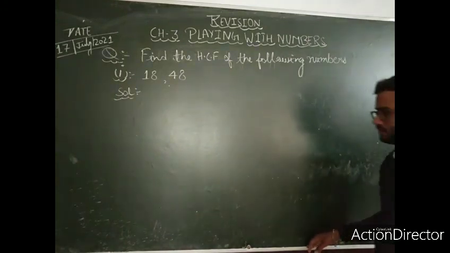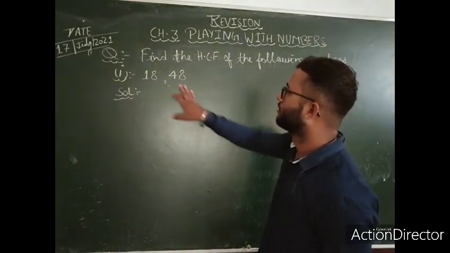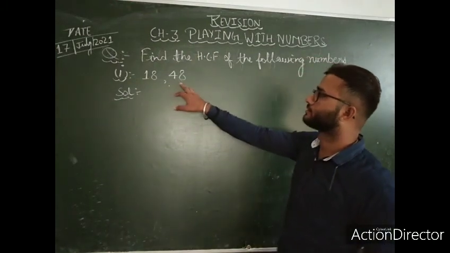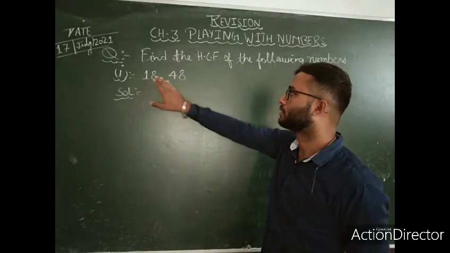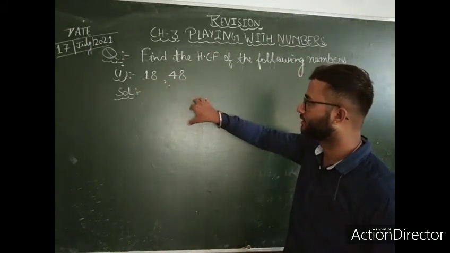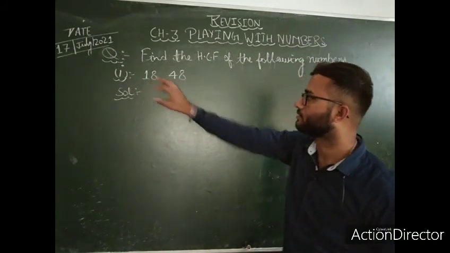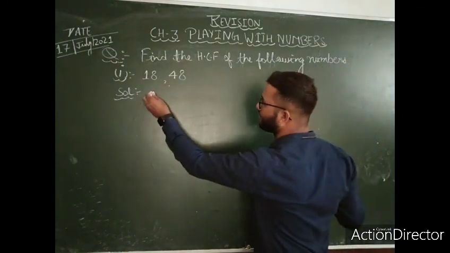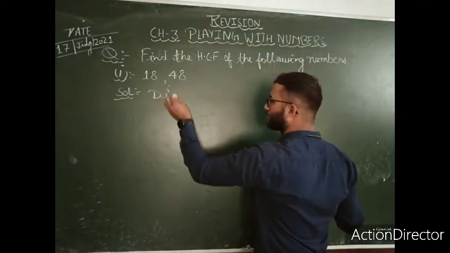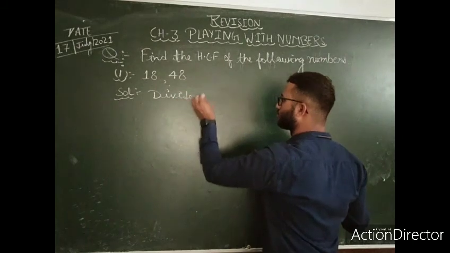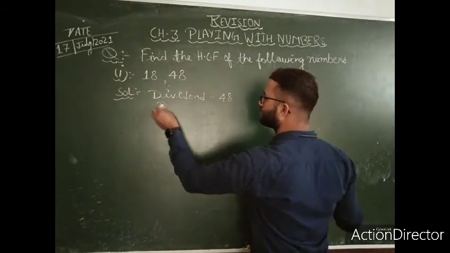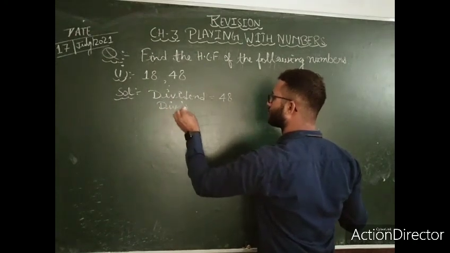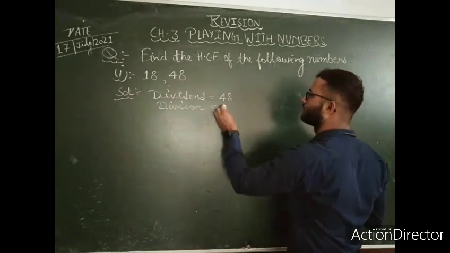Okay, so now which one is the greater number here? 48 is greater and 18 is smaller. So we take the greater number as the dividend and the smaller number as the divisor. So we write dividend equal to 48 and divisor equal to 18.